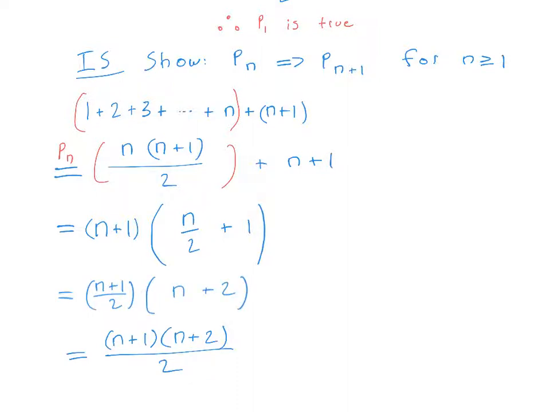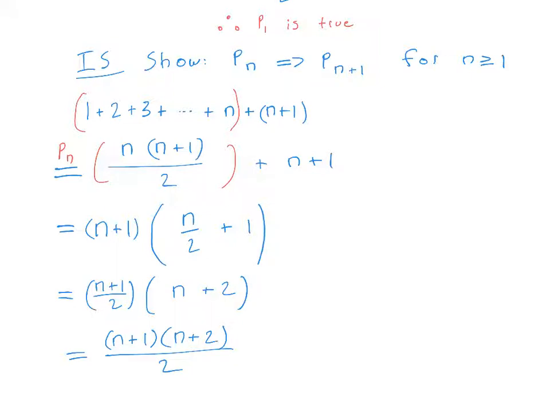And writing all of this expression as one numerator and one denominator gives us the final result that we were looking for. So that last step was our goal, and each of the equality symbols along the way has a very good reason for it. The first one is from p sub n, and the next three are regular algebraic moves.